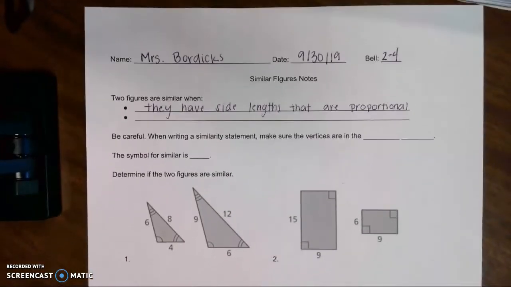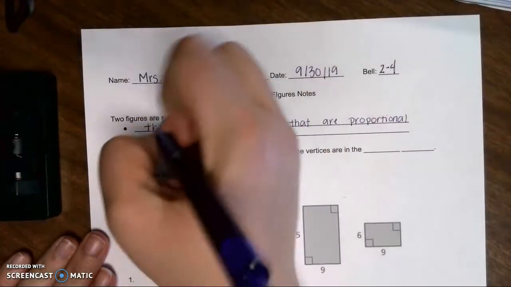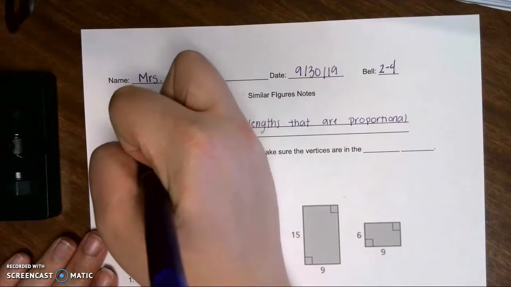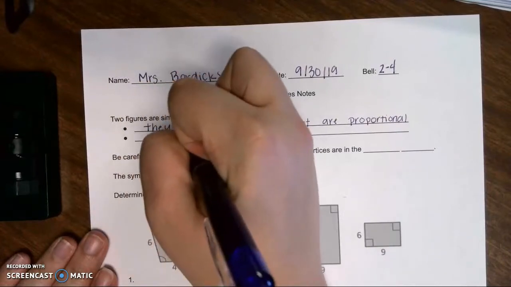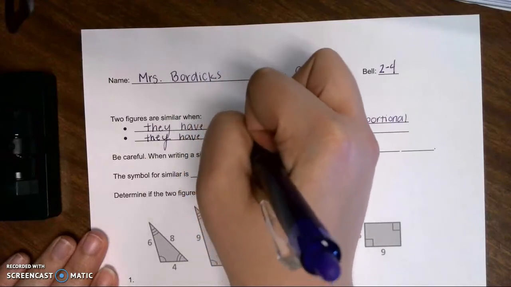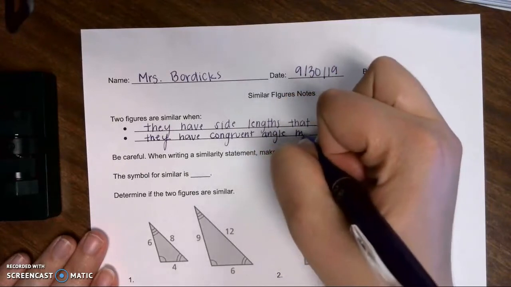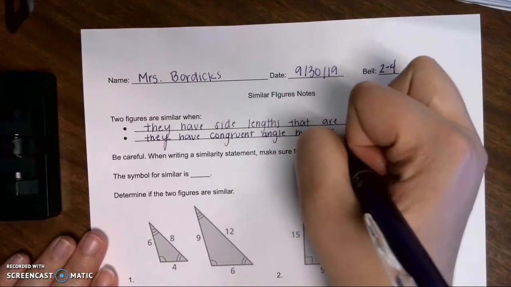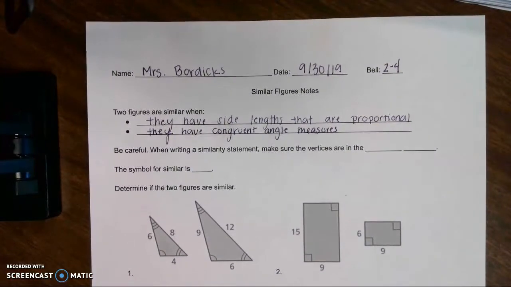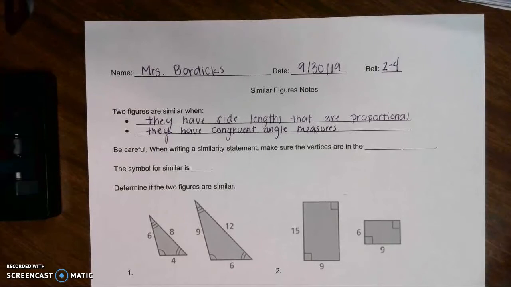When you have side lengths that are proportional, and then the two shapes also have congruent angle measures. So you are looking for two things when you have similar figures. The first being that the two side lengths are proportional, and the second being that the angle measures are congruent.